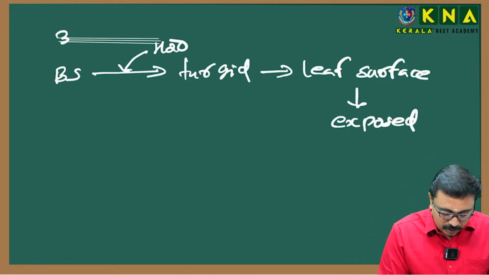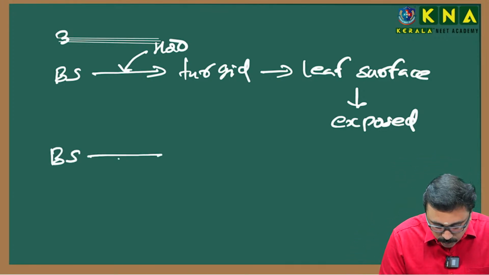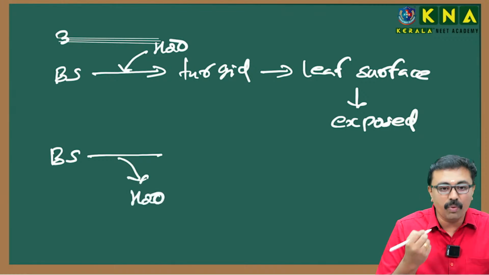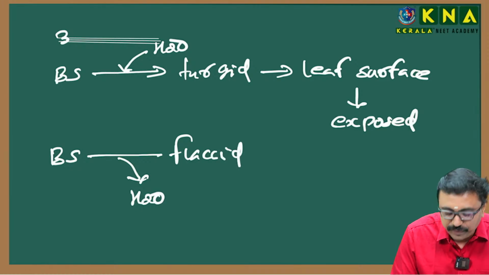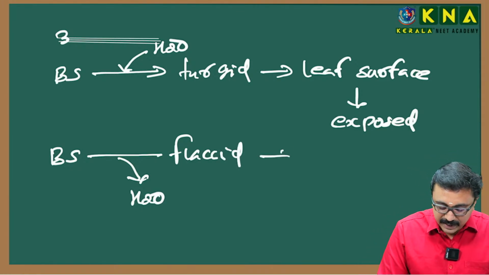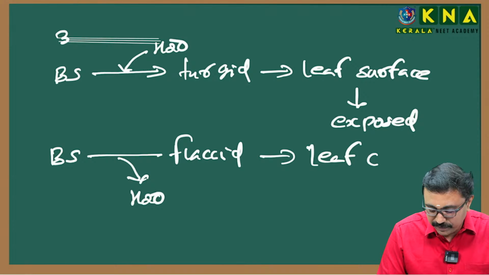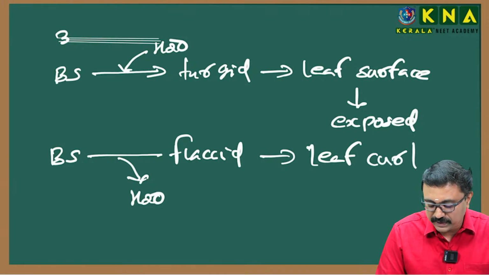Then when bulliform cells lose water, the condition is called flaccid. At that time the leaf curls, the leaf surface curls.